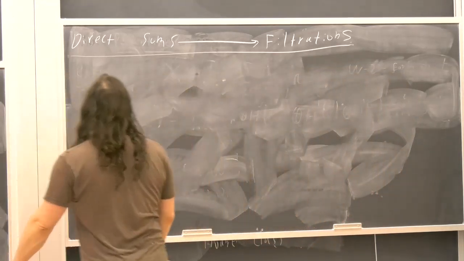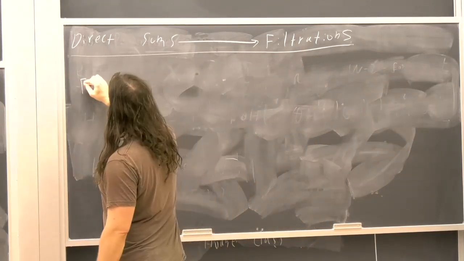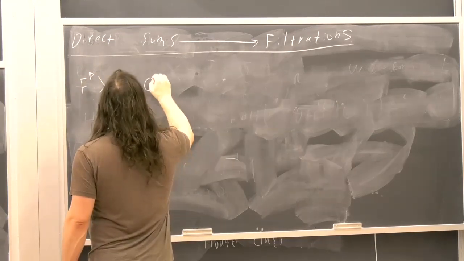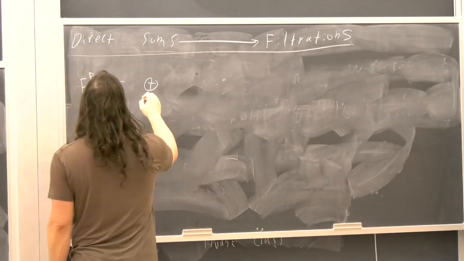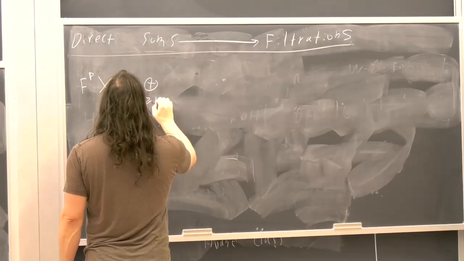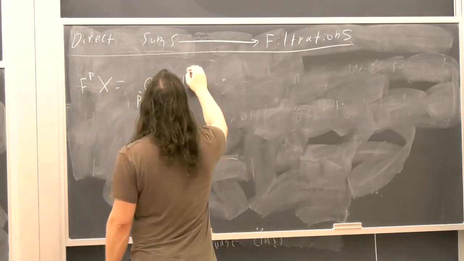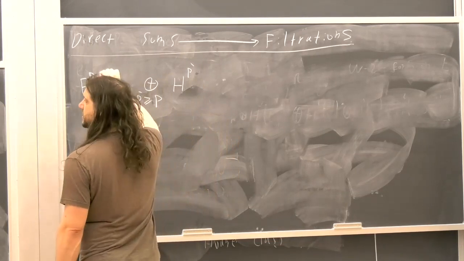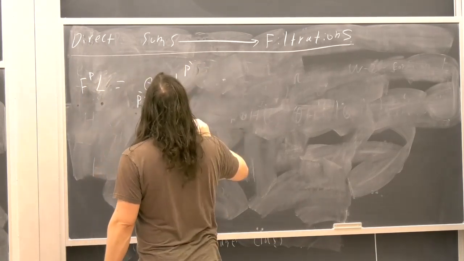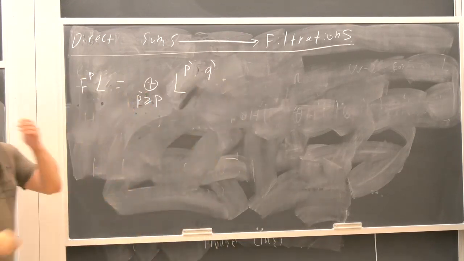So instead of recording this direct sum decomposition, we're going to define F^p L. Let F^p L be the direct sum over p' at least p of L^{p',q'}.